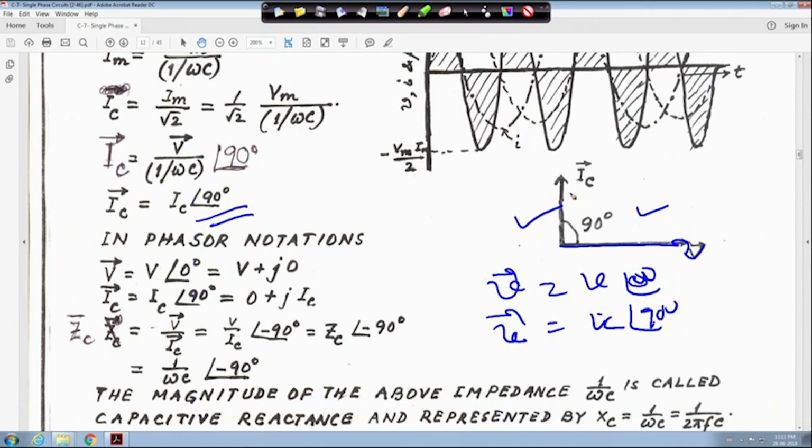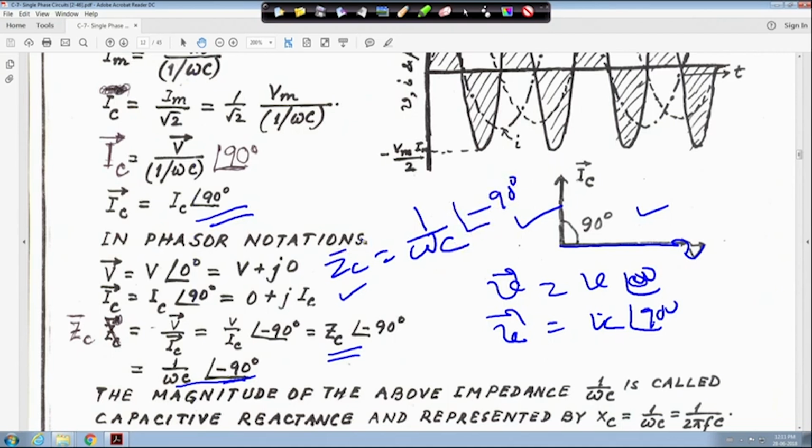And in a similar way if you move, you will see that ZC is equal to 1 by omega c angle minus 90 degree in this case, right. The way I have done for the inductive circuit, same way you do it, you will get ZC is equal to the magnitude, the capacitive reactance, equal to 1 upon omega c, and its angle is minus 90 degrees.